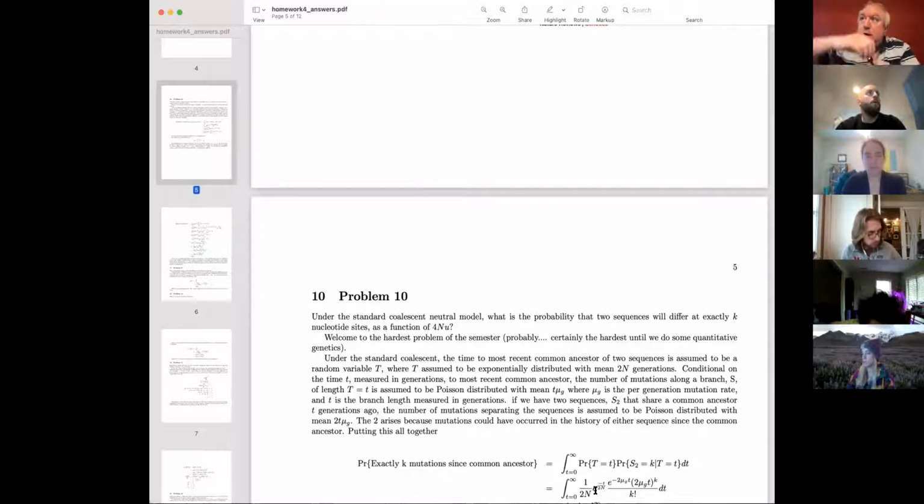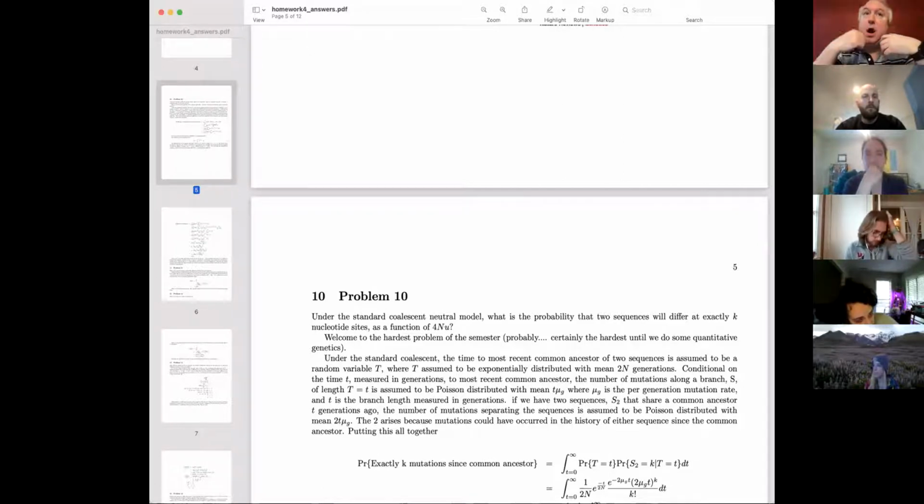Now, the beauty of coalescent theory is it observes that once you know the tree, once you know the number of generations these 2 alleles are separated from each other, the probability that there are k mutations since the common ancestor is simply Poisson distributed. Mutations are rare events.